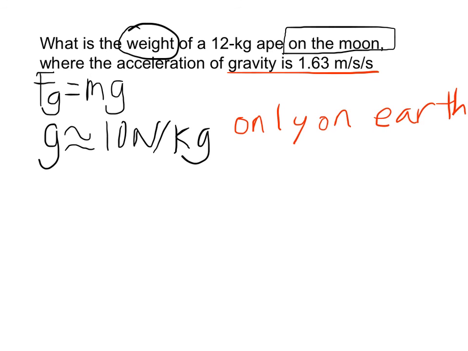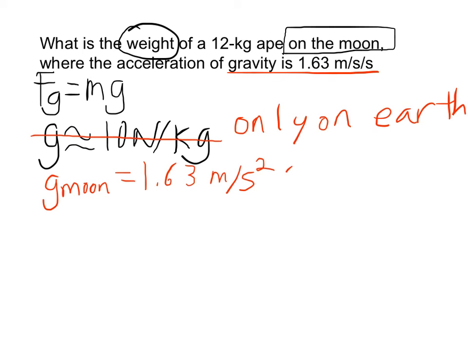So on the moon, since we're not using Earth, g on the moon is 1.63 meters per second squared, or, remember I said newtons per kilogram are the same as meters per second squared, 1.63 newtons per kilogram. And again, that unit change is so that we end up with newtons and kilograms at the end of the problem, because that's what mass and force are in.